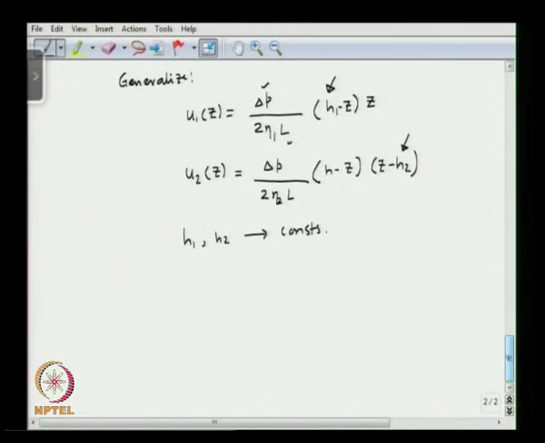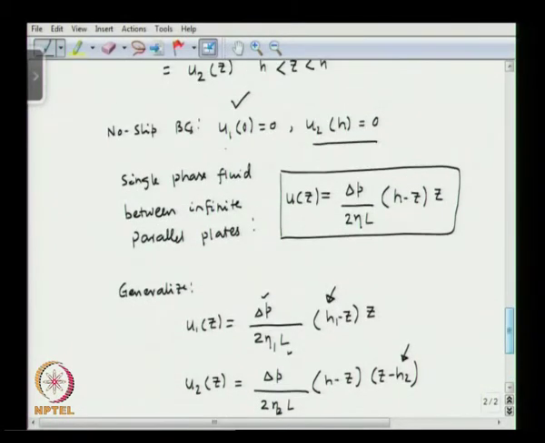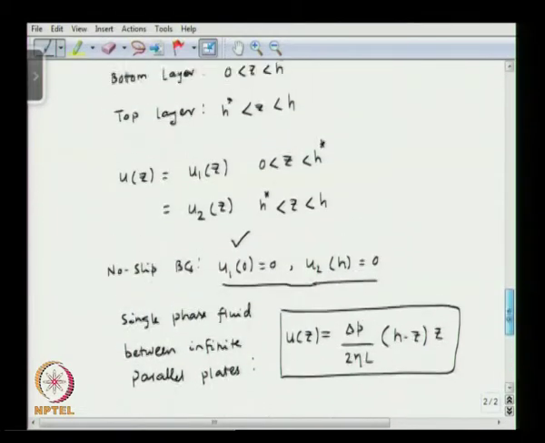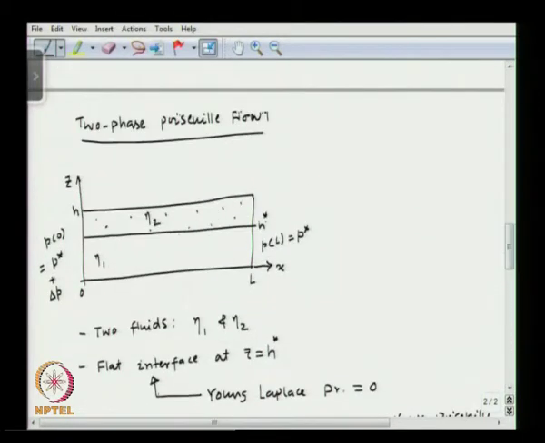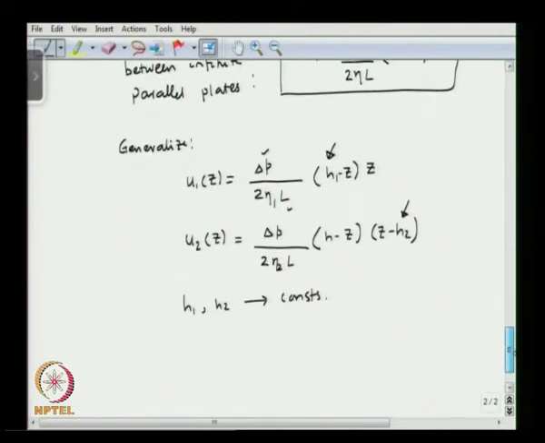In addition to these no slip boundary conditions, we have additional boundary conditions coming at the interface between the two fluids. The first is that the velocity of the two fluids will be equal at the interface, and the second is that the shear stress will be equal.